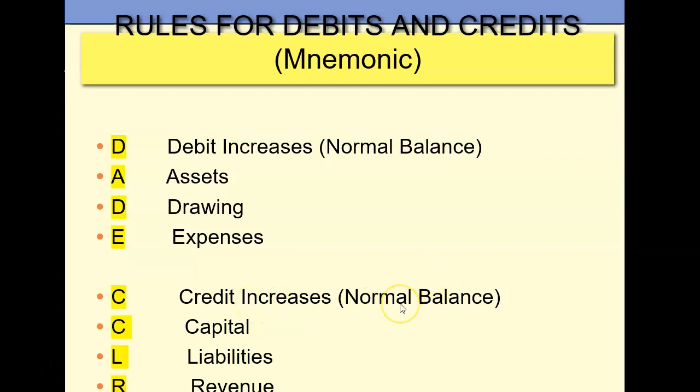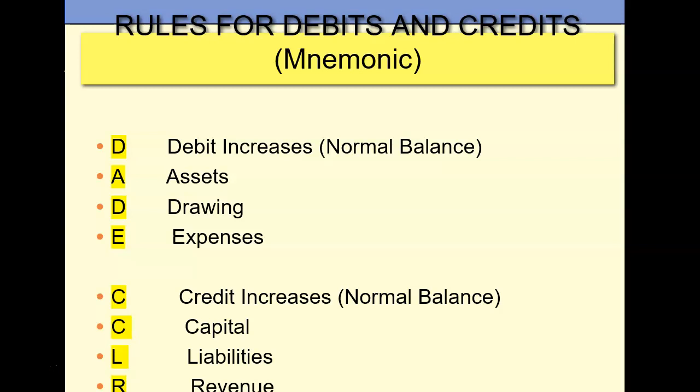The credit side is known as their normal balance side. So focus on the positive. What side of the account will make the account increase? If I know the account's increase side, then I know the account will decrease on the opposite side of the T account.